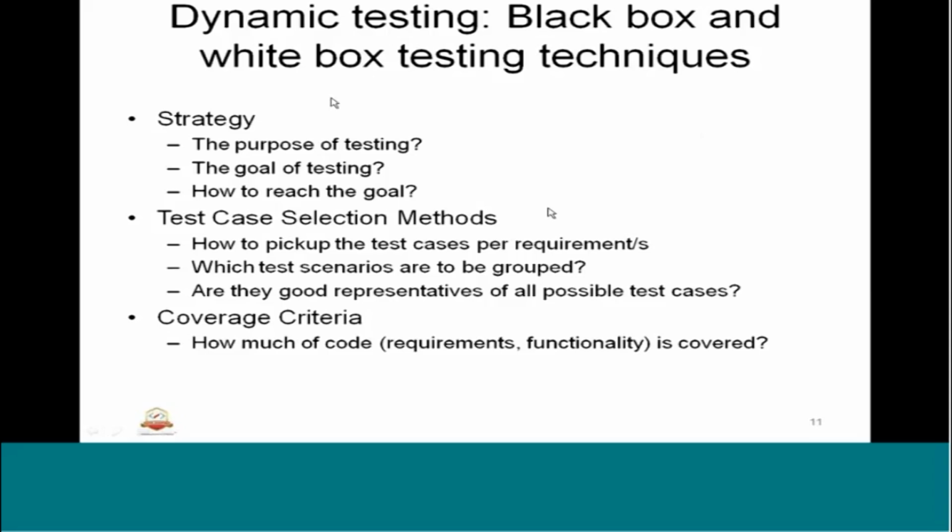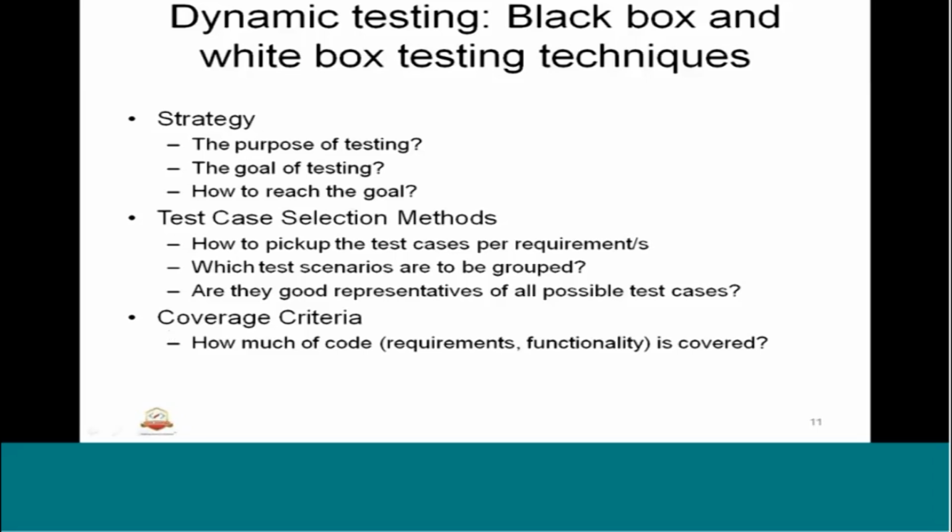That means once we work out the strategy, once the strategy is in place, we need to select the test cases. How are we going to pick the test cases? How are we going to add more test cases or fewer, whatever. Then finally we are going to have a coverage. How much of the code is covered, or how much of the functionality or the requirements is covered.